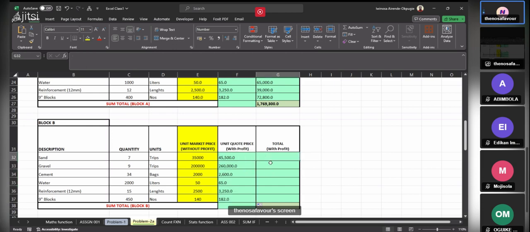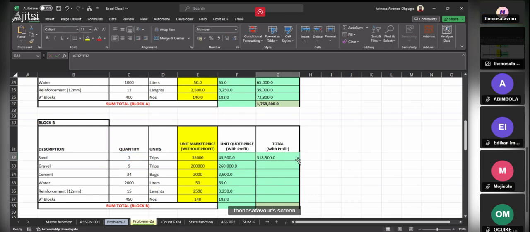For the total with profit, remember total with profit is what? Quantity multiplied by unit cost price, with profit, not without profit. So that would be equals to quantity, that is C32, multiplied by unit cost price, that is F32, and hit enter.